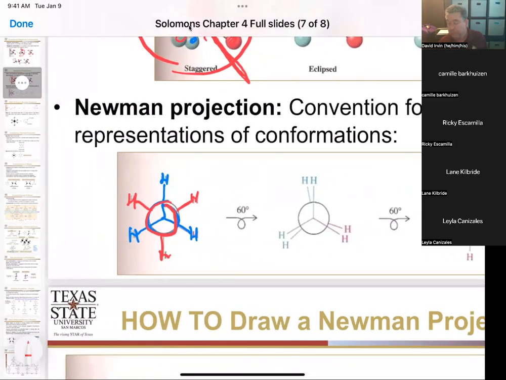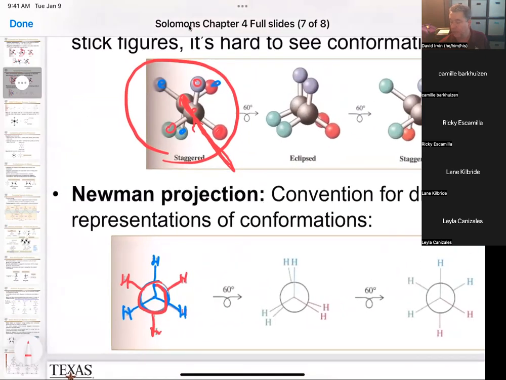When we draw our Newman representation, instead of having to draw our spheres rotating and overlapping, we can see that when we go 60 degrees from our staggered configuration to our eclipsed configuration, the hydrogens are overlapping each other. In fact, all 3 front hydrogens are overlapping all 3 back hydrogens.